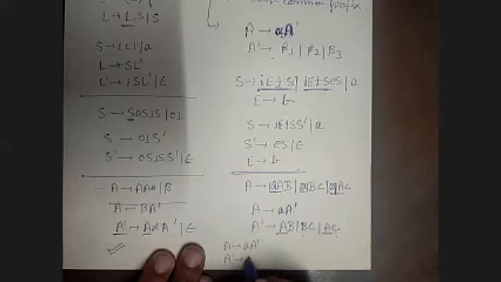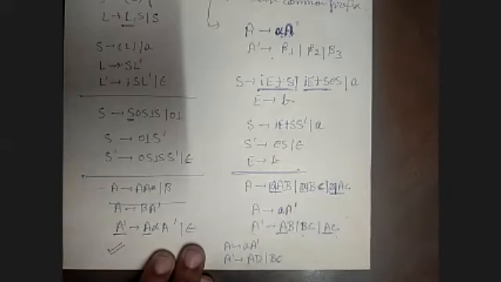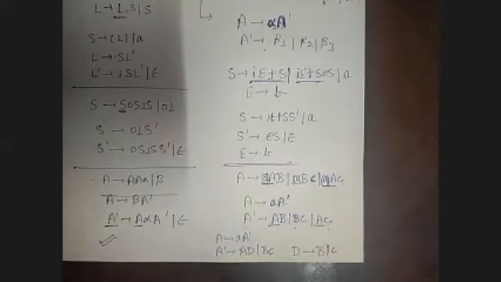A dash tends to A D, or Bc. Clear? Now this D part is categorized. D tends to capital B or small c. So this is a left factored grammar. I hope everyone understands how to solve the left factoring part.